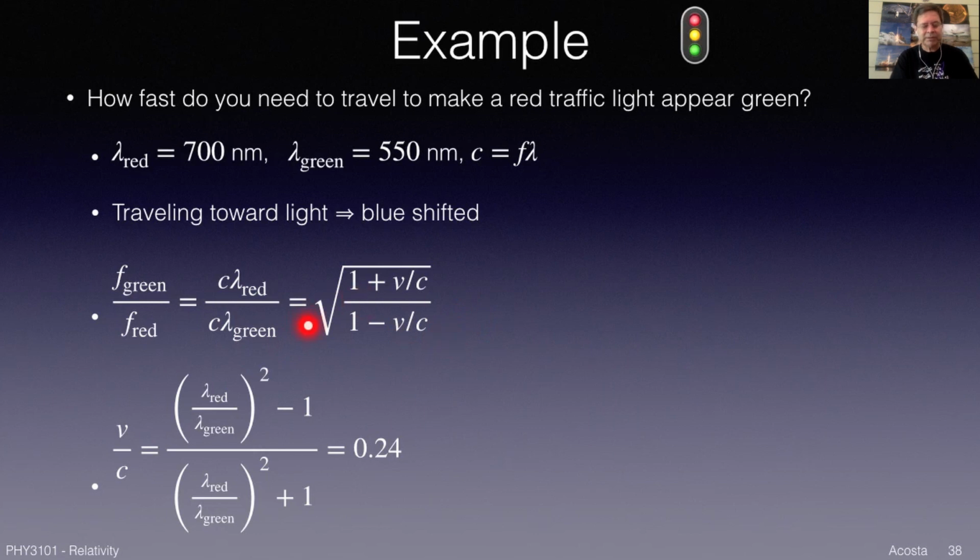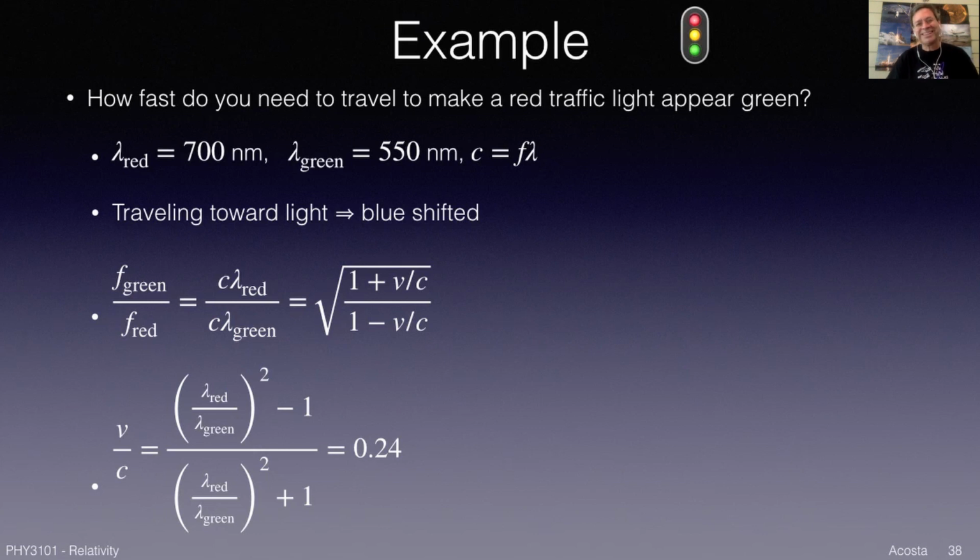And then I have some algebra to rearrange the v over c terms on one side and everything else on the other. And that's what I've done here. So it turns out the v over c is the wavelength of the red light over the wavelength of green light, quantity squared, minus 1, over the wavelength of red light over wavelength of green light, quantity squared, plus 1. And what you'll get is 0.24.